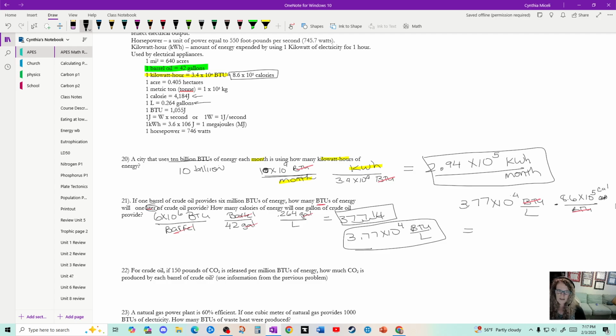So if I stick that in my calculator, times 8.6 times 10 to the 5. Holy cow, 3.24 times 10 to the 10 calories per liter. This is a 4. There. All right, that's 21. Wow, 21. Okay, let's keep going.